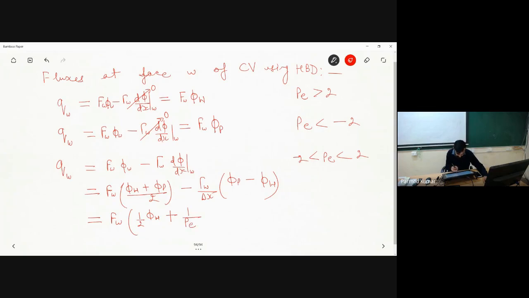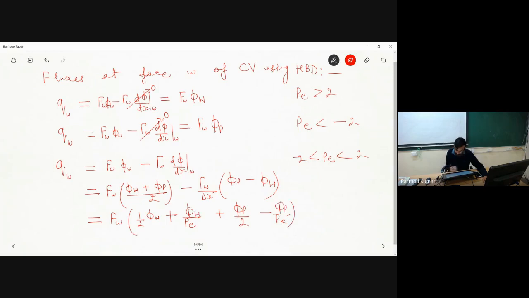And then if I take phi P terms, it will be phi P divided by 2, and it will be minus of 1 divided by Peclet number into, over here phi W will come, and here phi P will come.